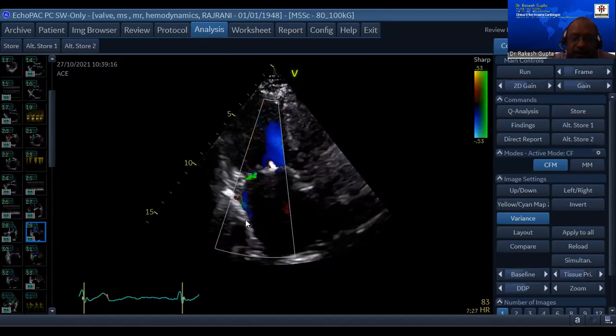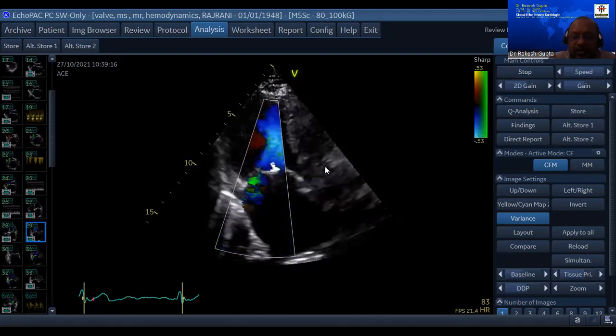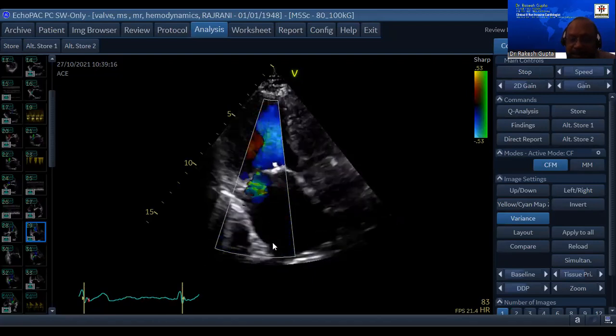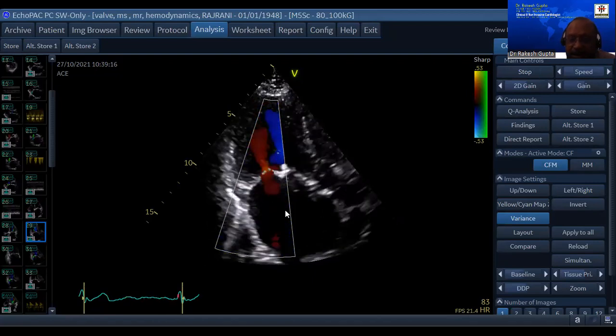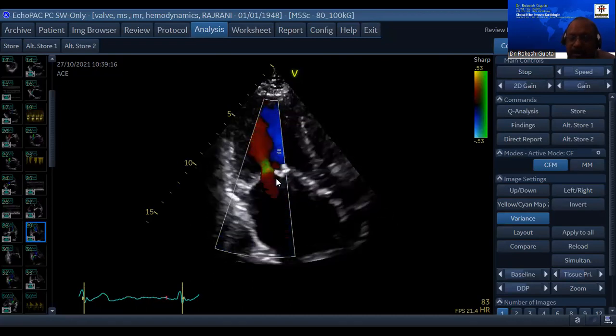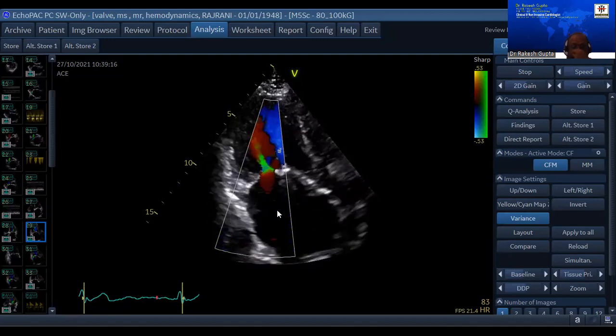Can you see this jet going down all the way? Yes, sir. So it's very difficult to measure this jet area. Now in the playback, you can see the jet is going all the way down and is swirling back in red color, coming back to the mitral valve. So this jet is a huge jet, which we are trying to see in one dimension.